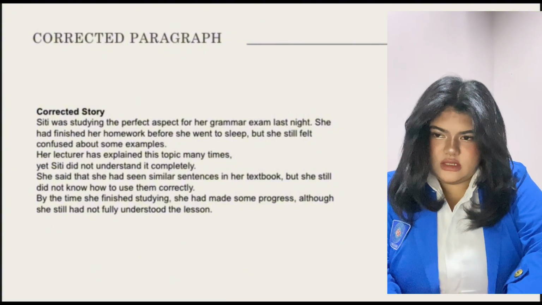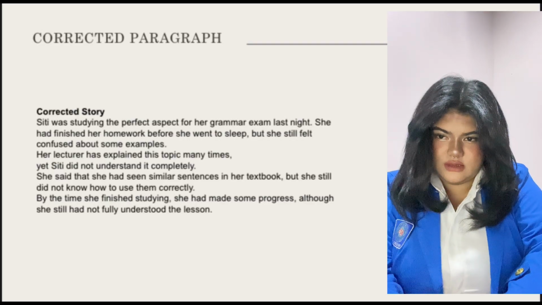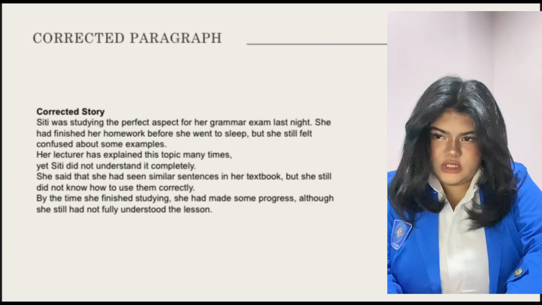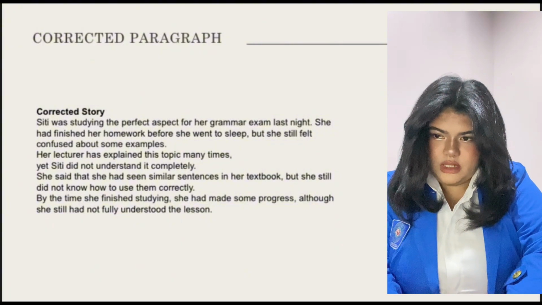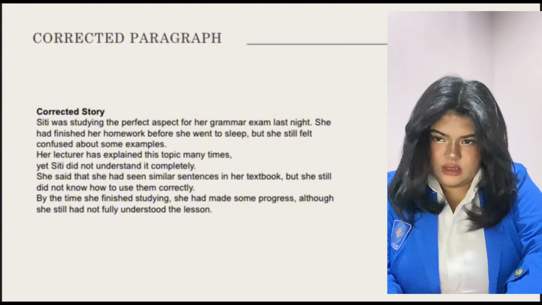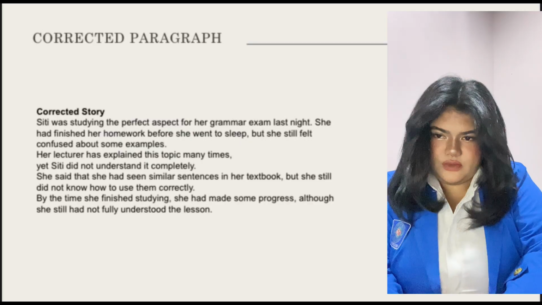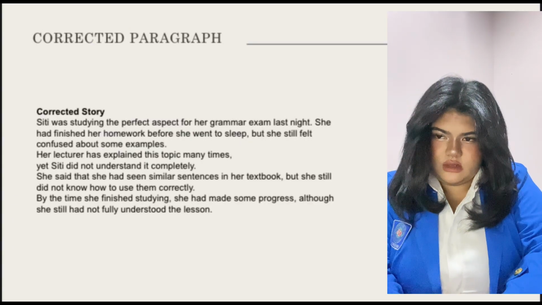She said that she had seen similar sentences in her textbook, but she still did not know how to use them correctly. By the time she finished studying, she had made some progress, although she had not fully understood the lesson.